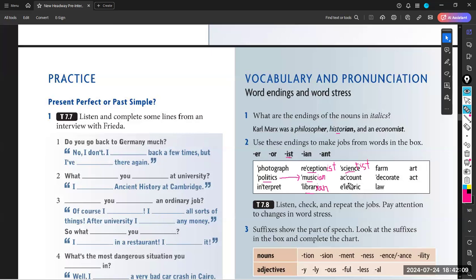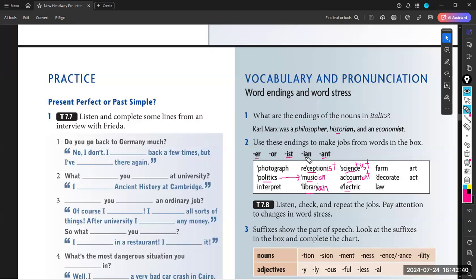Now we have account. Accountant. Accounter with ER? Accountant. Exactly. Accountant, the person who works with money. Now, electric. Okay, yes.